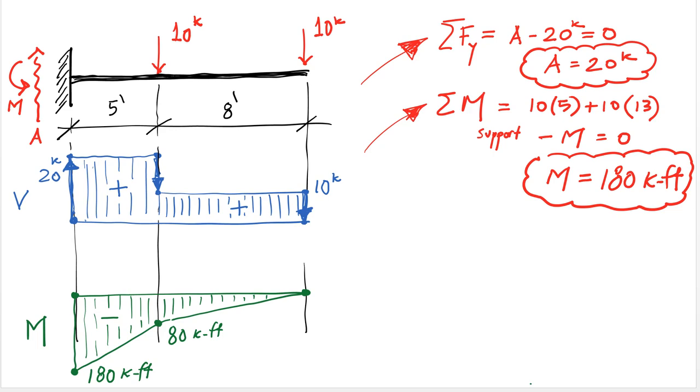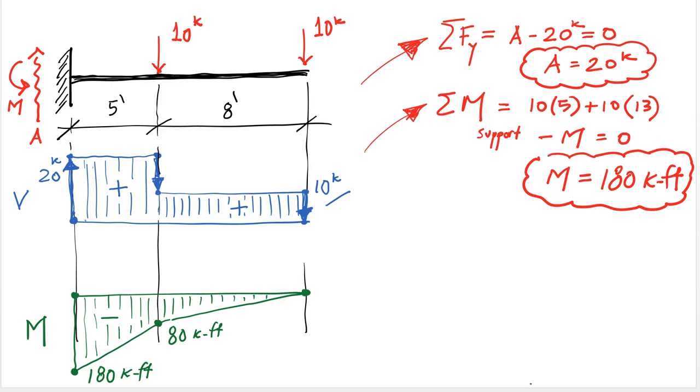From there, we have a slope of 10, which is the value of the shear, right? So 80 with a slope of 10 for 8 feet brings you to 0, which is, as it should be, the moment at the tip of the cantilever, 0.